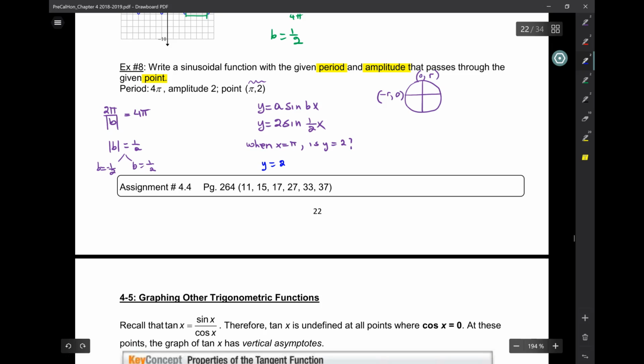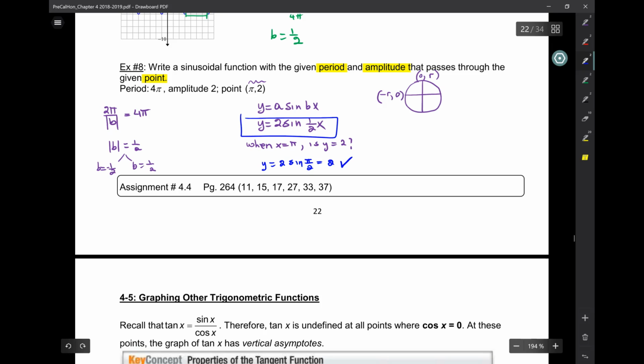Y equals 2 sine of pi over 2. How much is sine of pi over 2? Sine of pi over 2 up here, how much is it? Sine of pi over 2 is 1. 2 times 1 is what? 2. So it is the positive version.